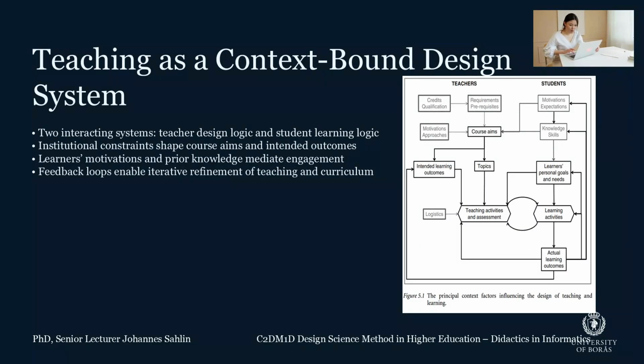The outer loop therefore represents curriculum review, while the inner loop represents ongoing pedagogical adjustment. Figure 5.1 thus presents teaching as a dynamic, constrained, and iterative design system, where alignment must occur not just between outcomes, activities, and assessment, but between teacher intentions and learner goals.